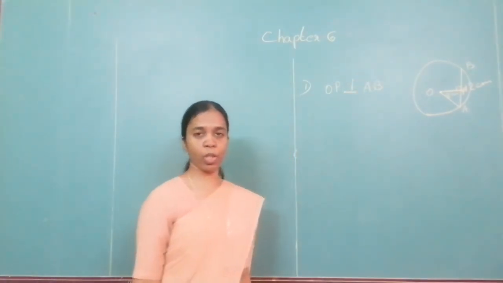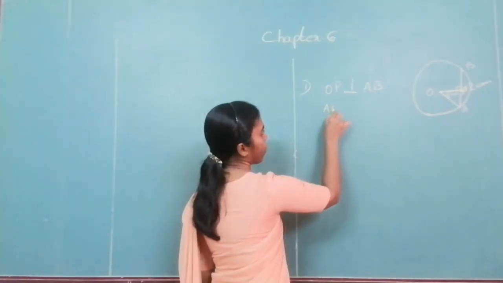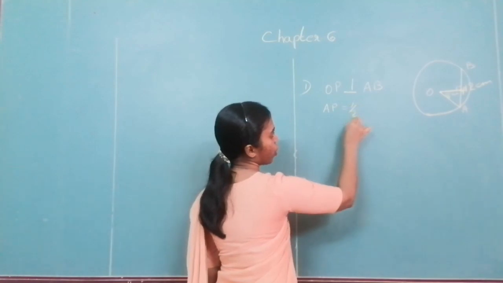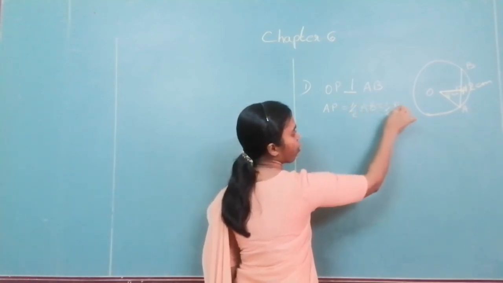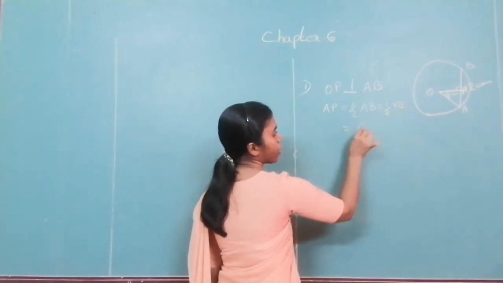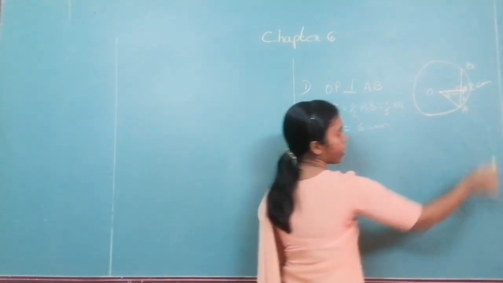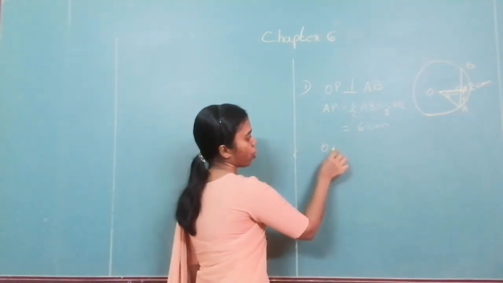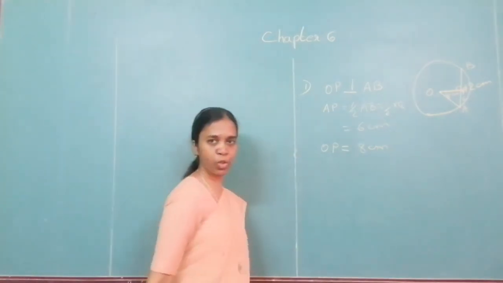OP is perpendicular to AB. So, can you tell me how much will AP be? AP is equal to half of AB, that is equal to half of 12. How much is it? 6 cm. So, I have AP is equal to 6 cm and OP is equal to 8 cm given to me.